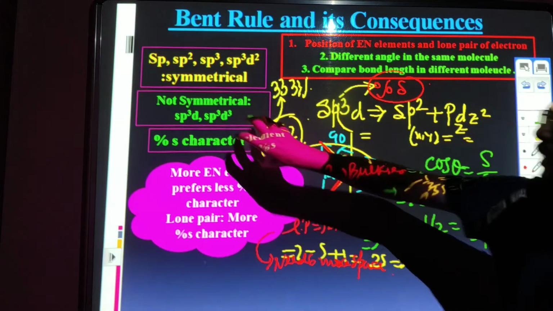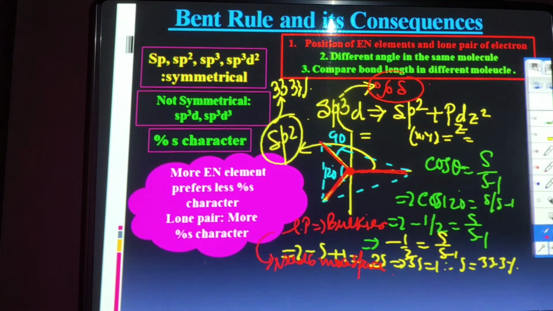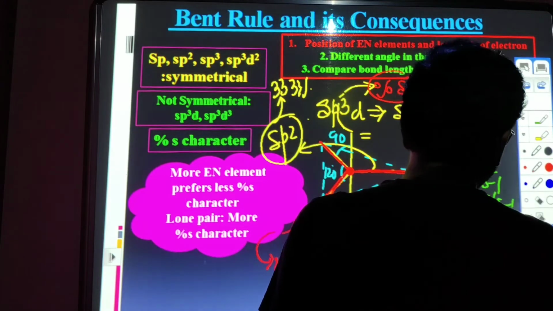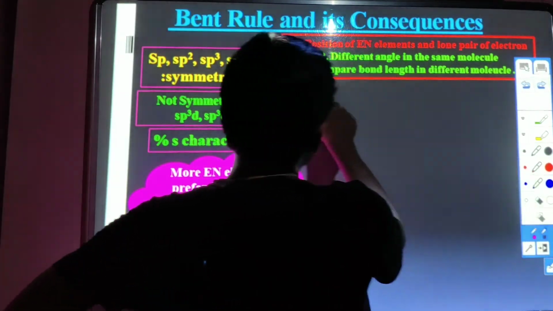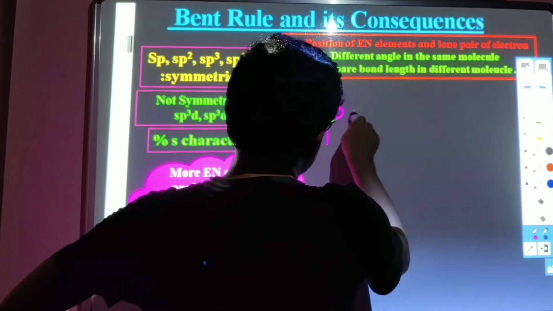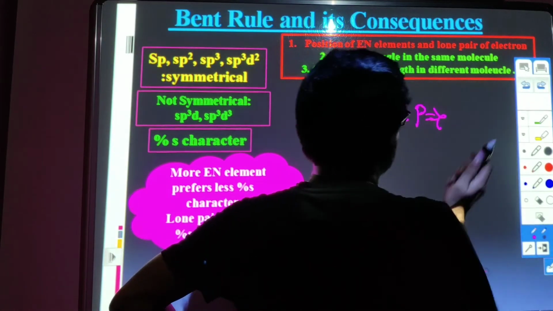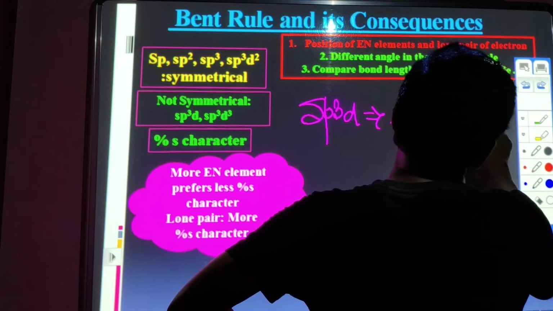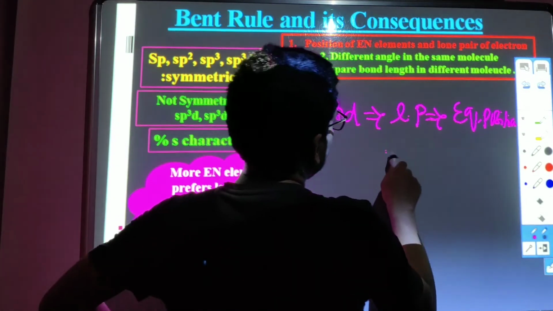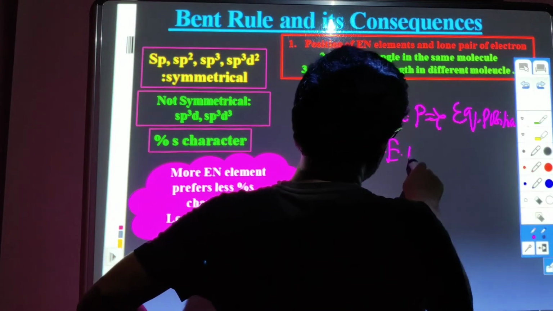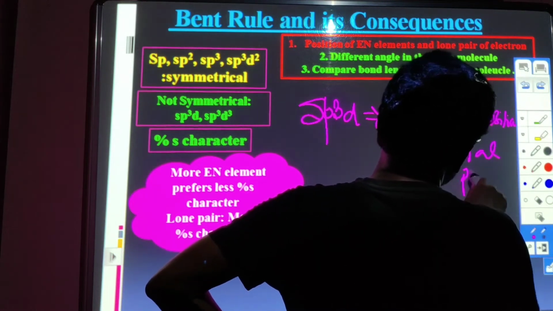Now after that I will discuss sp3d3. Now let me finish this one. So in sp3d geometry, lone pair in equatorial positions and electronegative element in axial positions.